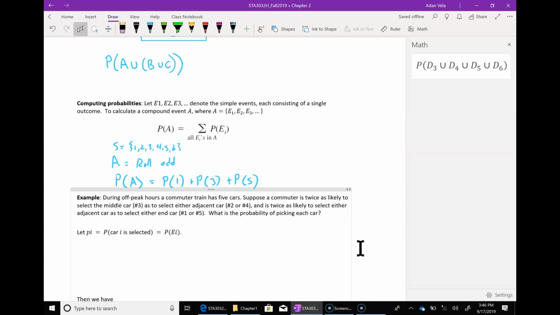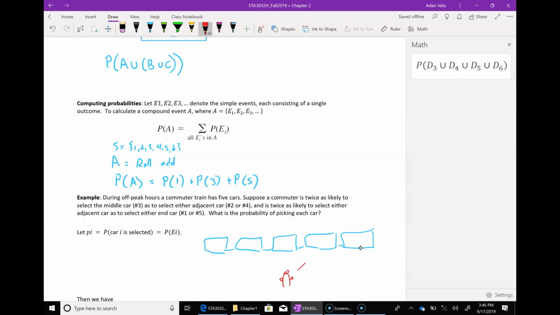Okay, so here's what we have. We have sort of like a train with 5 cars on it. And so we're trying to figure out, we have some commuter, some person who's about to get onto the train. And we want to calculate the probability that they get onto the first train, second train, third train, or car, or fifth train. We're going to define each of those as P1, P2, P3, P4, and P5.